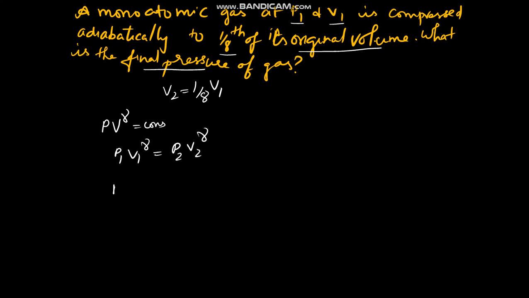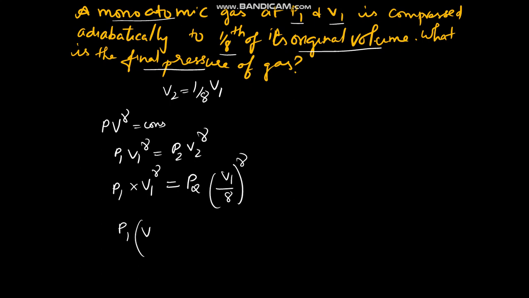So P1 into V1 gamma is equal to P2, which we want to find, into V2, which is V1 divided by 8, the whole gamma, and it is a monoatomic gas. So P1 into V1 into 8 divided by V1, the gamma, is equal to P2.